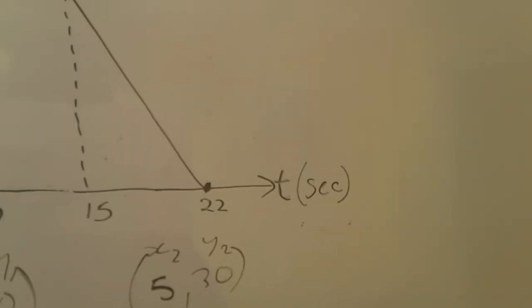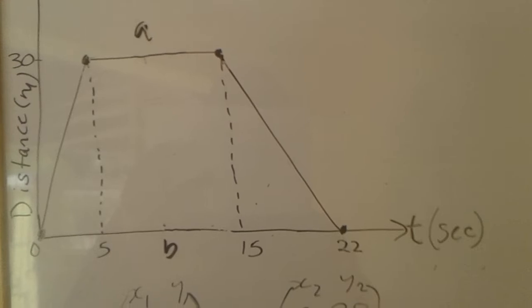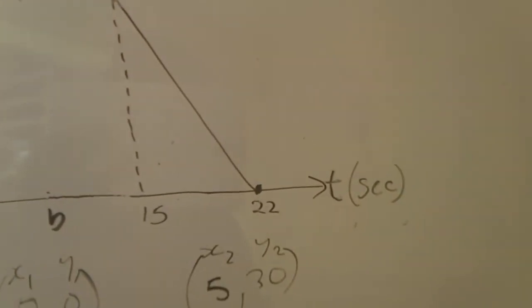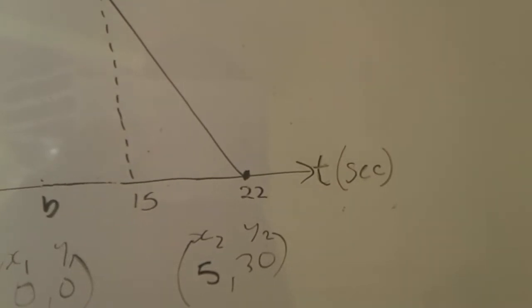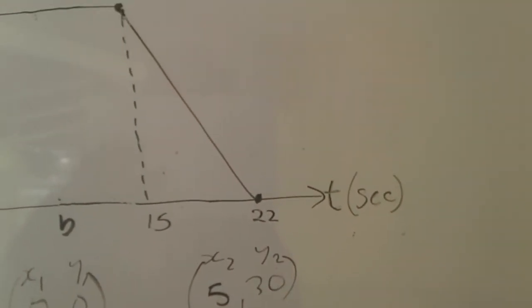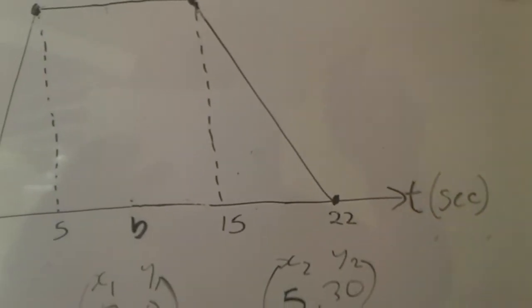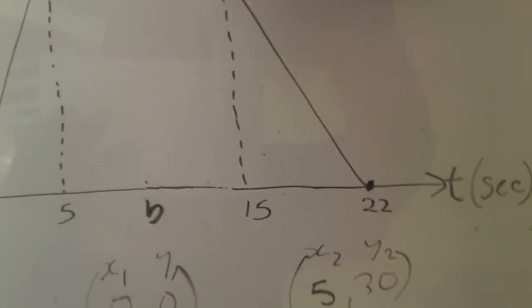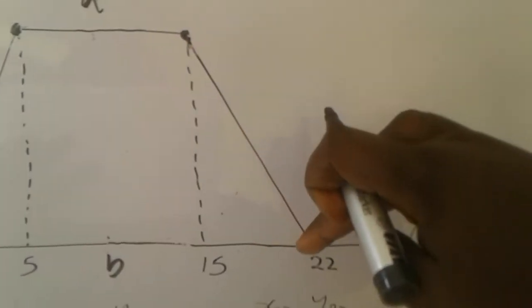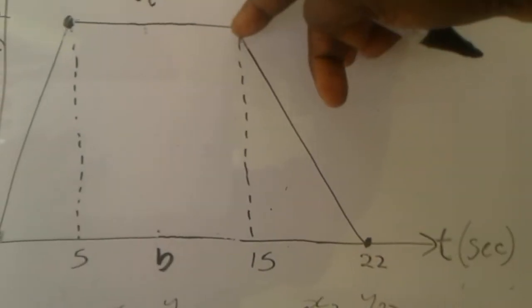We're also asked to calculate, based on the graph, the rate at which the car decelerated. The deceleration will come from this line. This shows the deceleration.